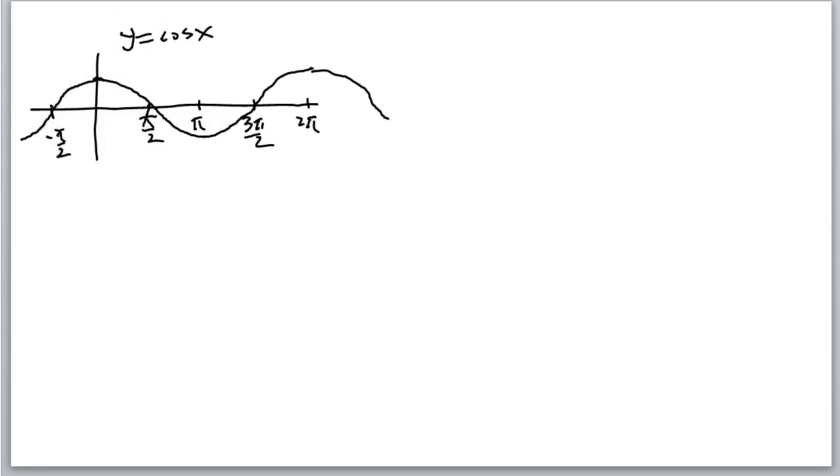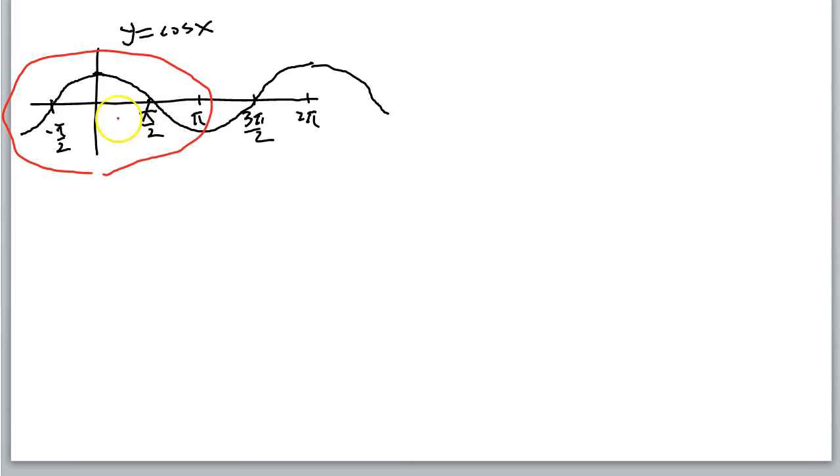And if you just look at this part right here, do you see that the cosine is symmetric with respect to the y-axis? So if you evaluate the cosine at negative a, which is this value, that's the same as the value of the cosine at a.